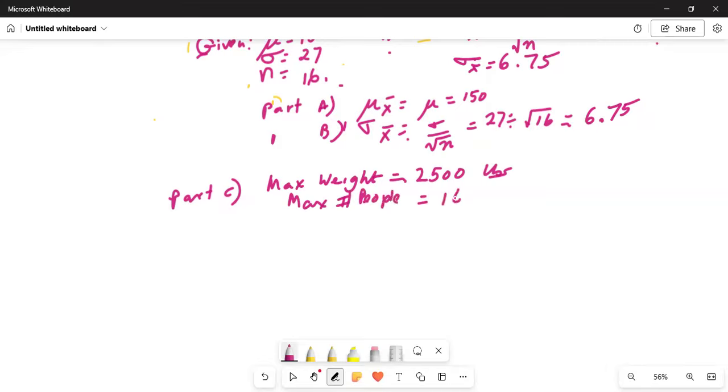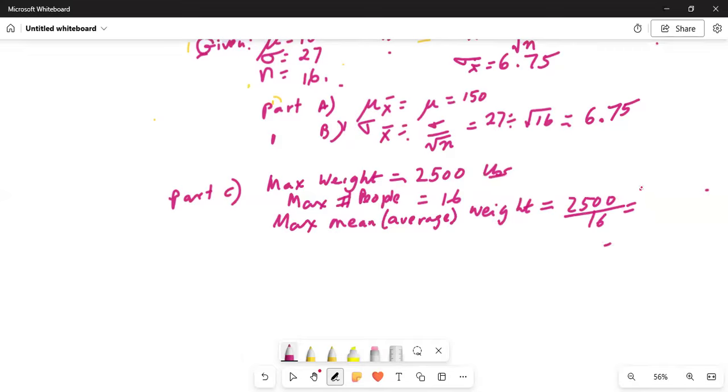So the maximum mean or average weight is 2,500 divided by 16, which I will use my calculator to find out. 2,500 divided by 16 is 156.25.